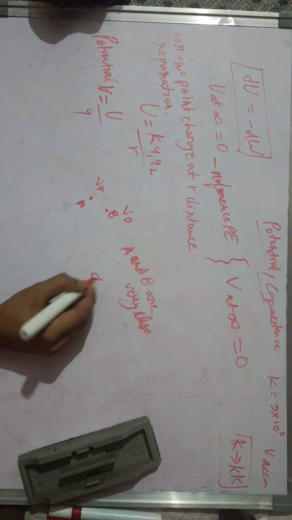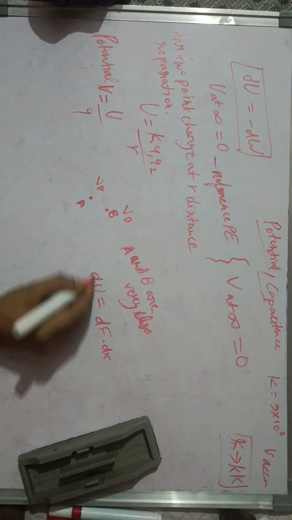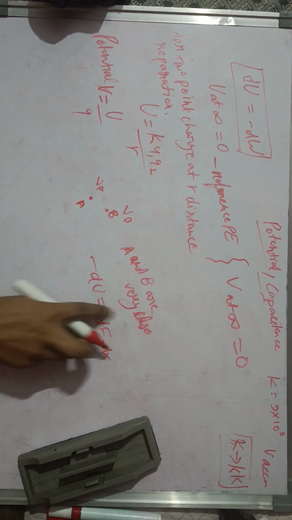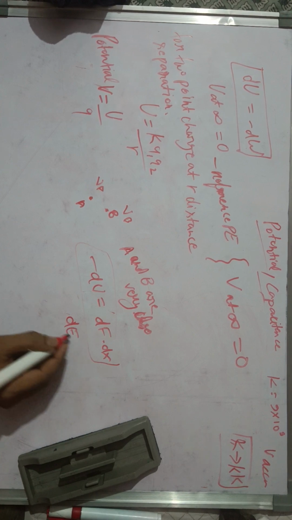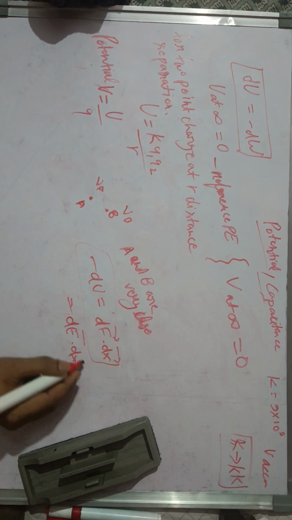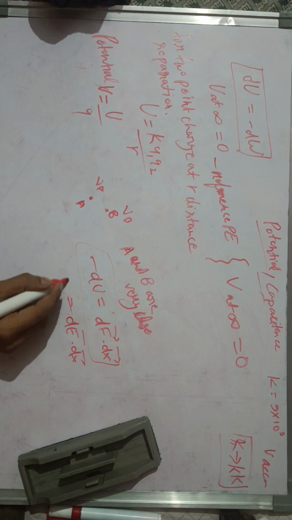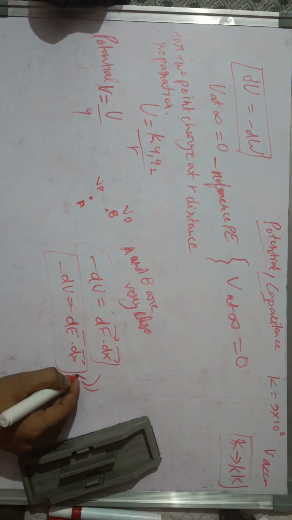So we know that dU is equal to minus F dot dx. If I divide it by charge, I will get minus E dot dx is equal to dV. From this we will get this equation.